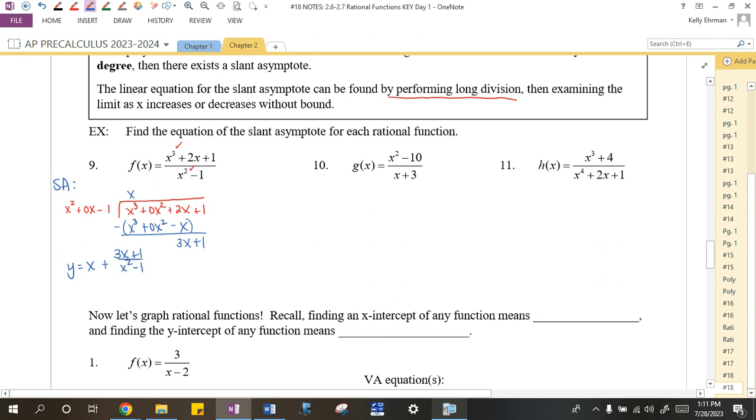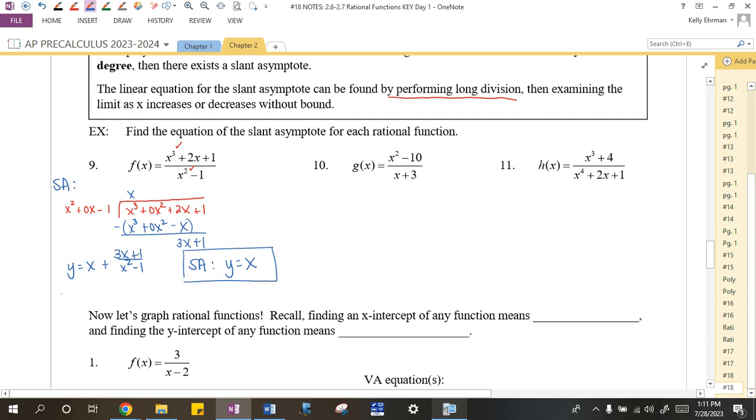Now, what is this about the limit equation? Because that's not the final slant asymptote equation. The slant asymptote is just going to be y equals x. You can remember this by just saying, just ignore the remainder. But why can we ignore the remainder?